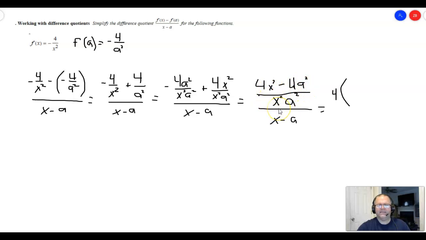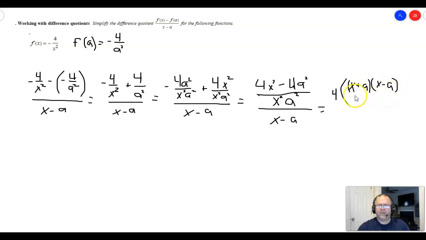And notice that that's a difference of squares. That's one thing squared minus something else squared. And the difference of squares can be written as the first thing plus the second thing times the first thing minus the second thing. So this is going to be x plus a, and that's going to be all times x minus a.